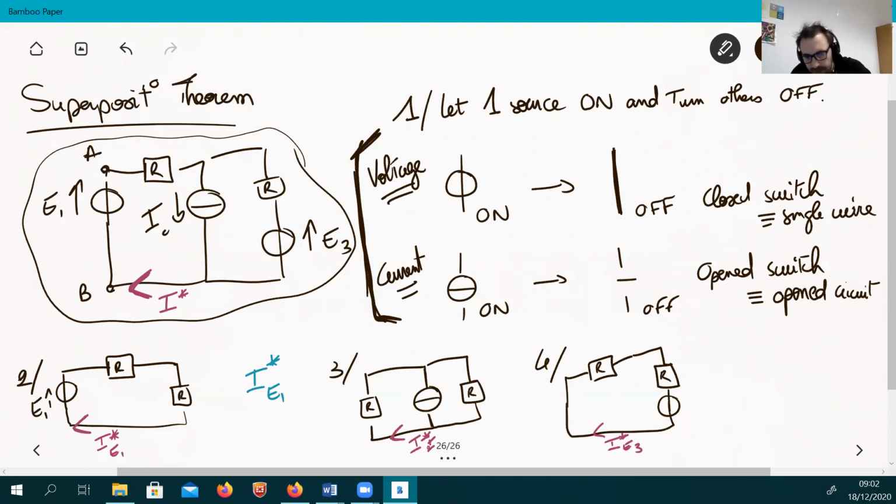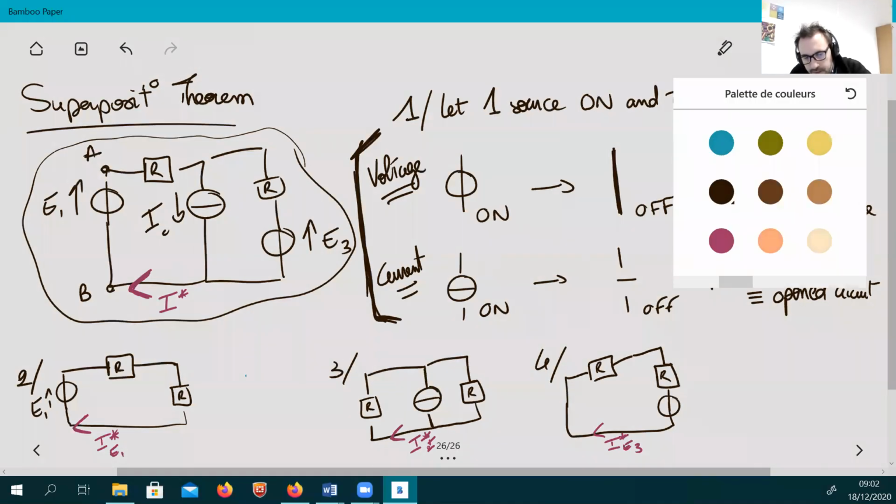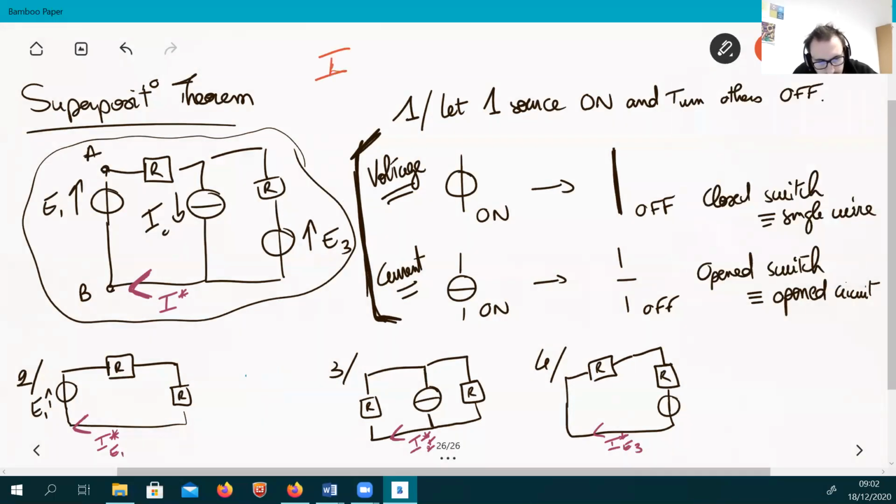And at the very end, the important point is that the I star you're looking at is just the sum of the various I stars: I star from the contribution of E1, plus I star coming from the contribution of I0, plus I star coming from the contribution of E3.